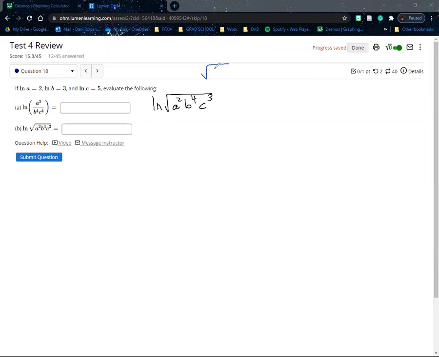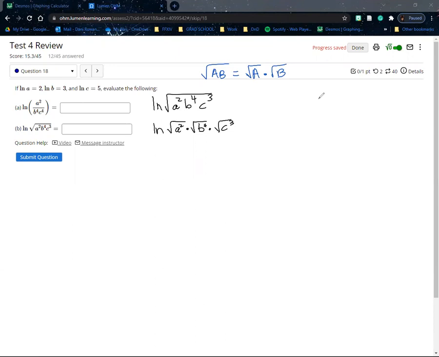If I have the square root of AB, then that is the same thing as saying I have the square root of A times the square root of B. So if I want to break this up, this is the same thing as saying the square root of A squared times the square root of B to the fourth times the square root of C to the third. You could do it that way.